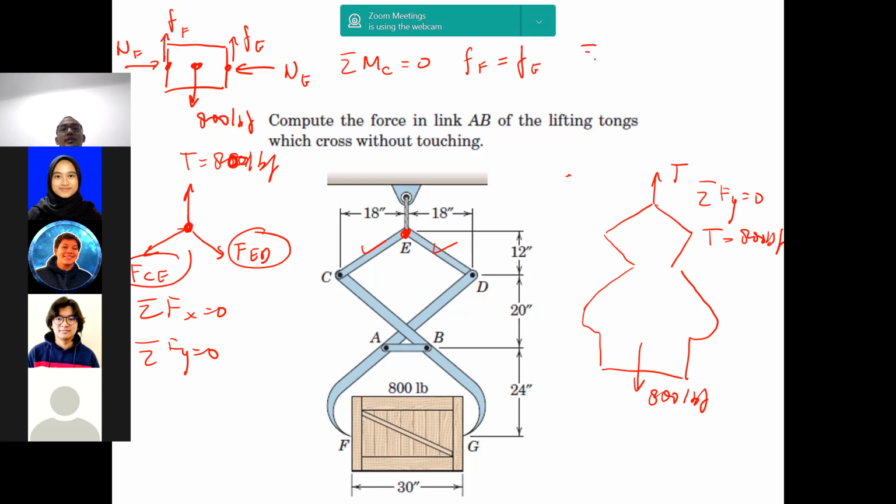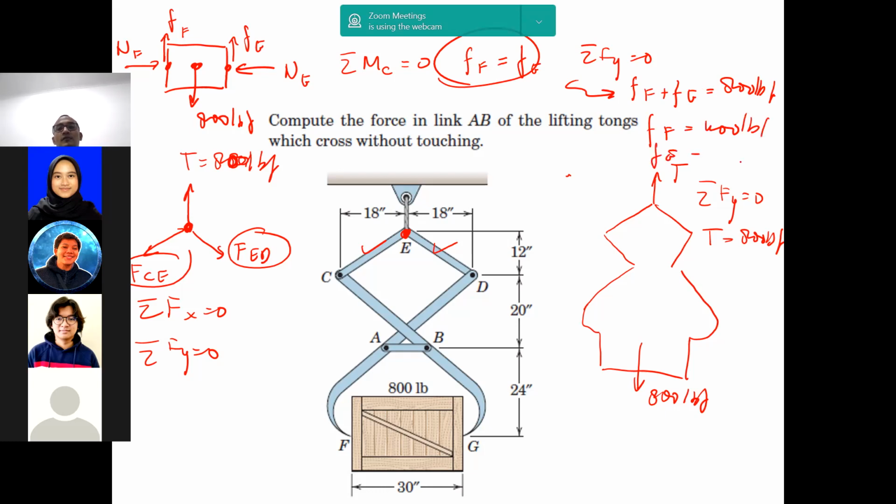Okay, and using sigma Fy equal to 0, what we will get is FF plus FG is equal to 800 lbf. Because they are the same to each other, we will get FF is equal to 400 lbf and FG 400 lbf.